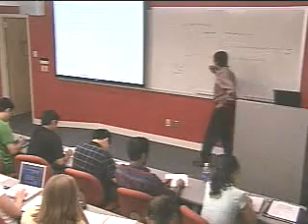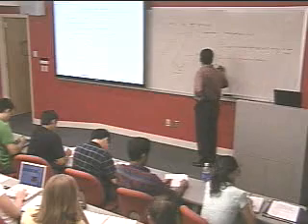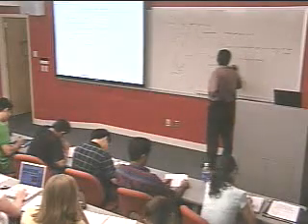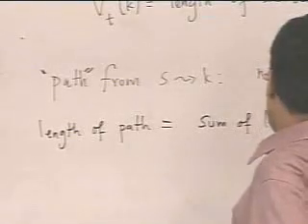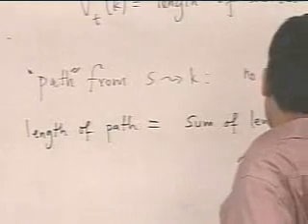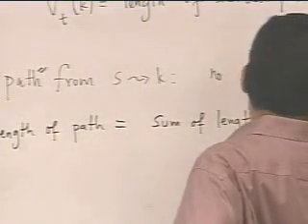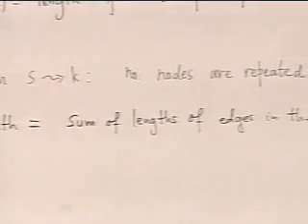And the length of the path is equal to the sum of the length of edges in the path. Okay, so those are certain technicalities about what is a path and how do we define the length of the path.